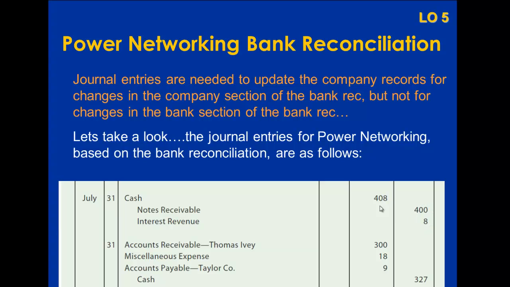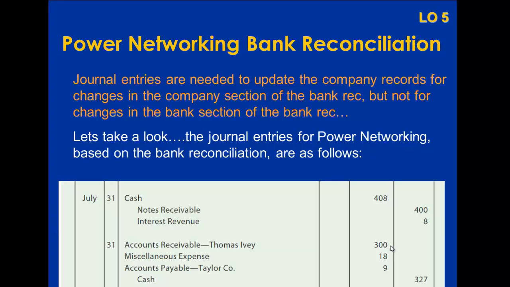Okay, so we're saying, hey, we have $408 more of cash. We just learned about it when we got our bank statement. We need to increase cash. We need to reduce this asset, this claim. We're saying, hey, you've paid us, so we're going to reflect that in our records that you owe us $400 less, and we're going to show $8 of interest revenue.